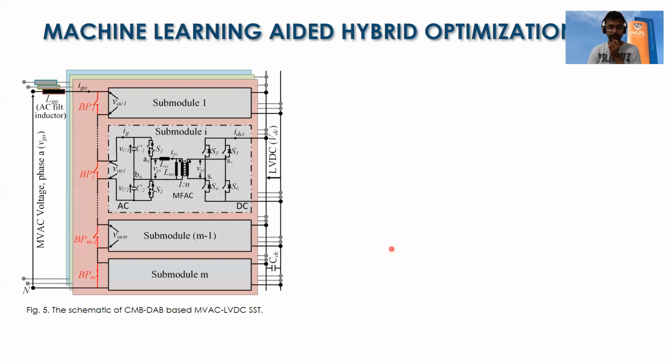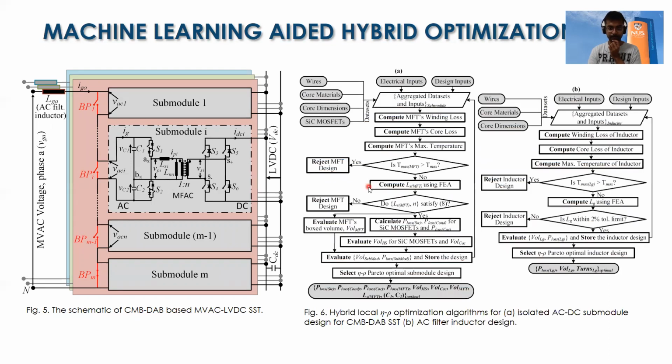Now, the superior technique of machine learning aided hybrid optimization is being employed by us for the design of a single stage cascaded matrix based dual active bridge medium voltage AC low voltage DC solid state transformer, and the optimization algorithm is shown here, and detailed derivation of the models and explanation for this optimization is given in our paper.